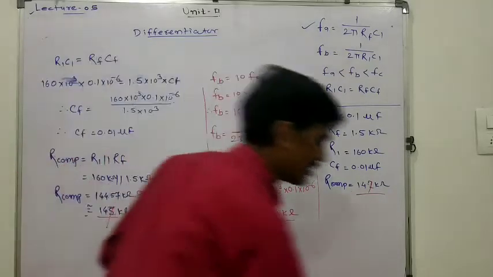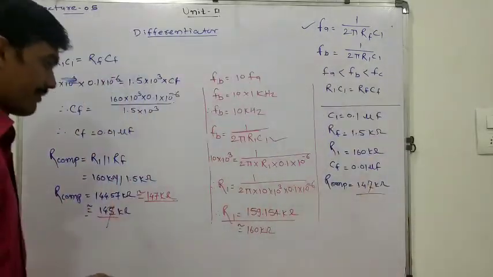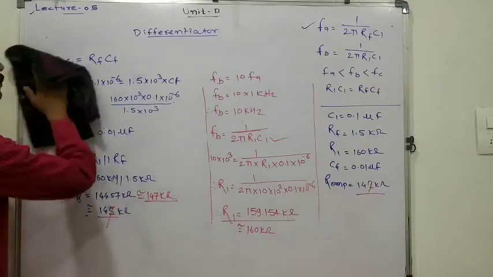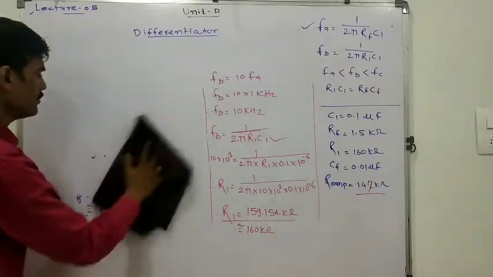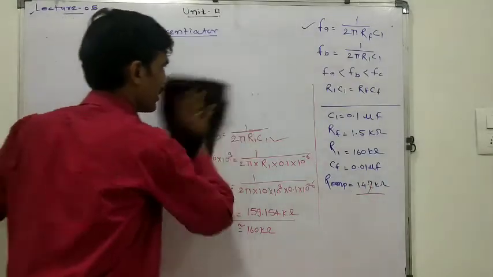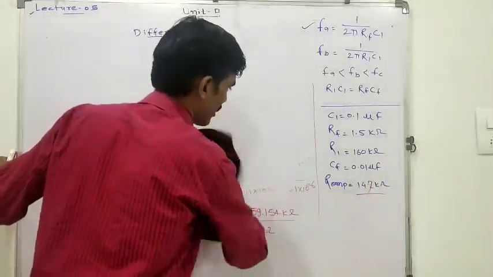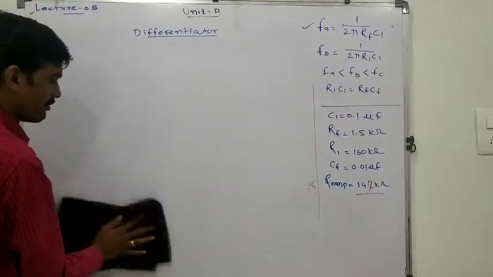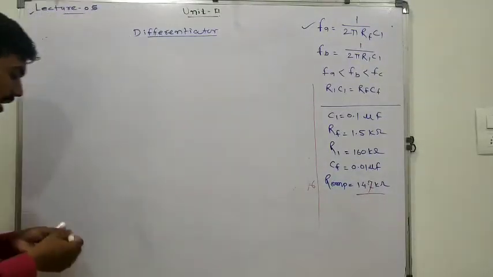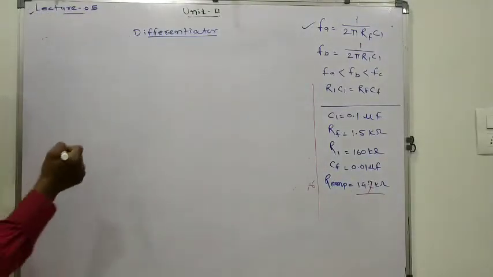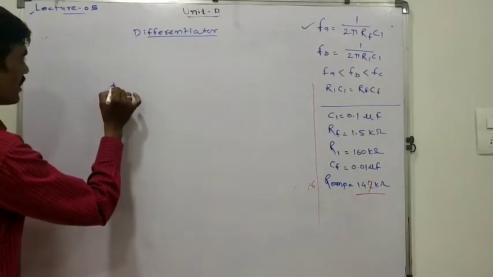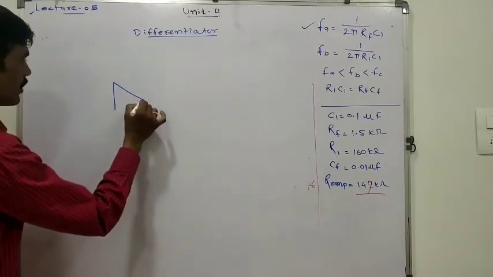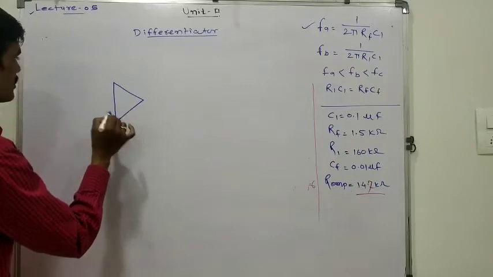So finally, after calculating all the values, we can go for the circuit. After solving a problem related to a differentiator, integrator, or any other circuit, finally we have to draw the circuit diagram. So the circuit diagram for the differentiator is as follows.